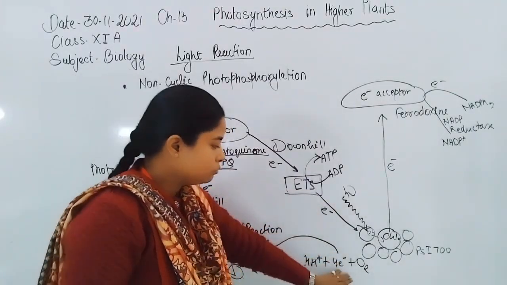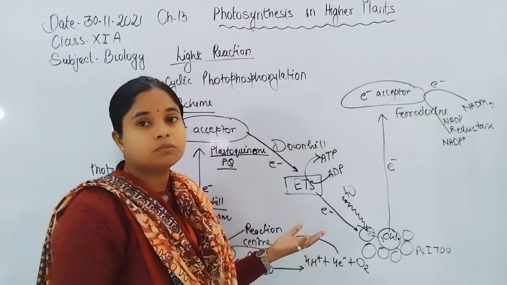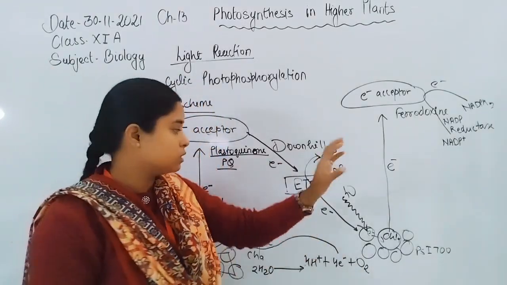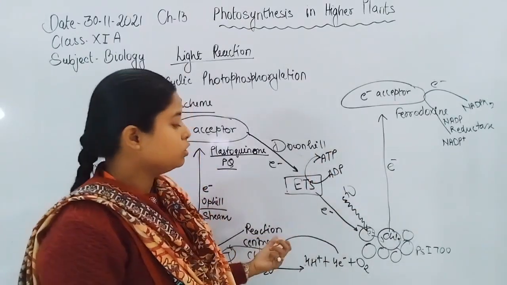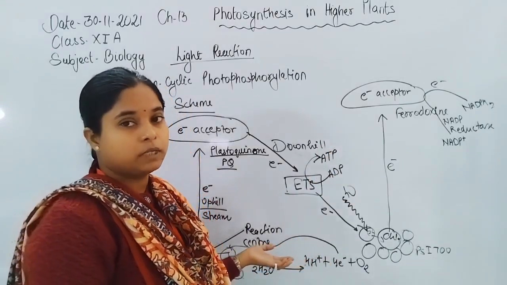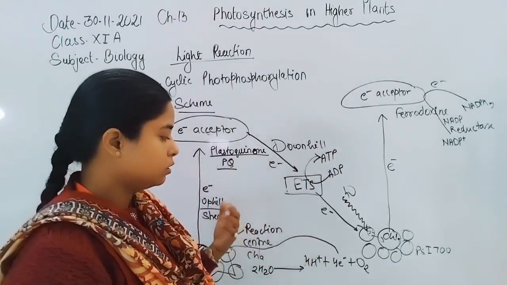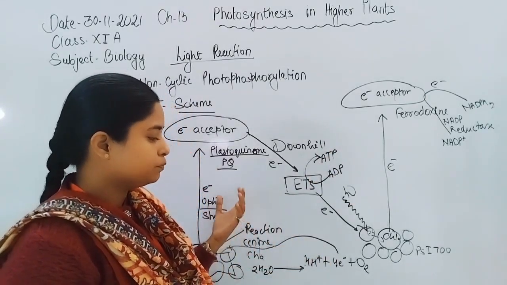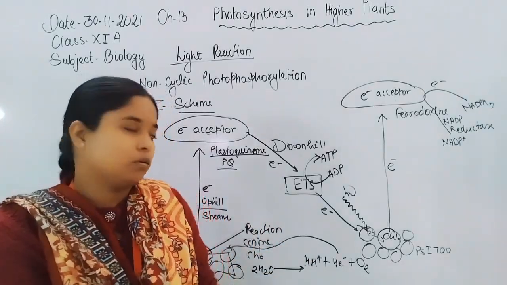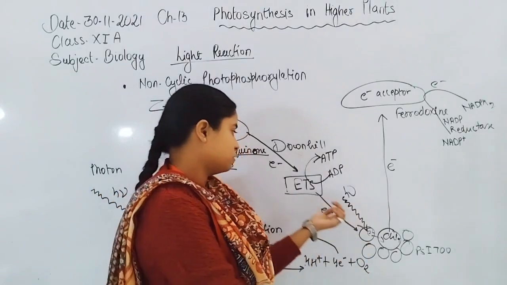Oxygen is evolved only by the non-cyclic photophosphorylation, not the cyclic photophosphorylation, because there is no need for H2O for the splitting of water molecule.